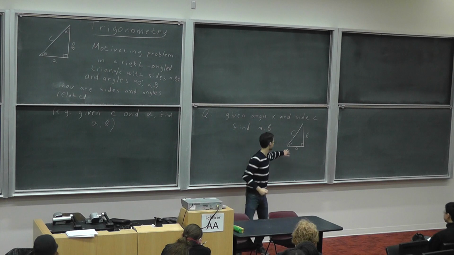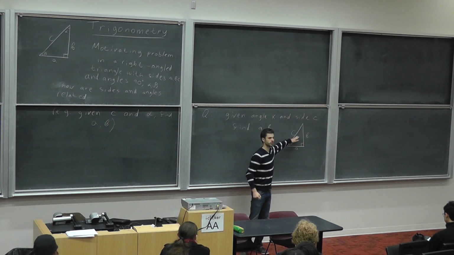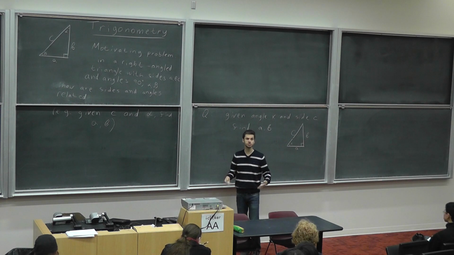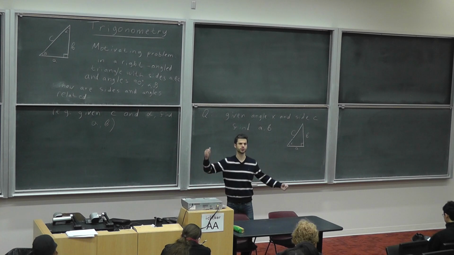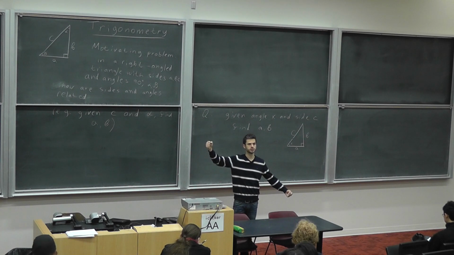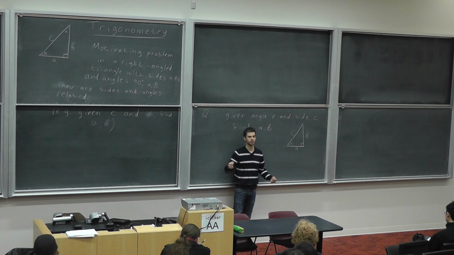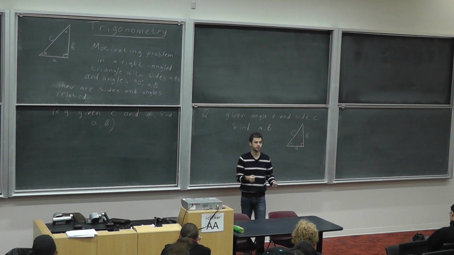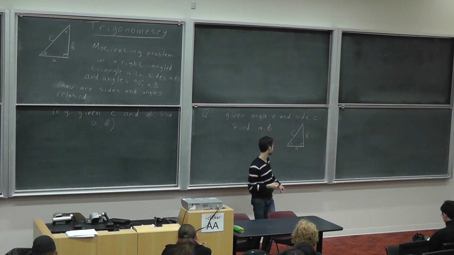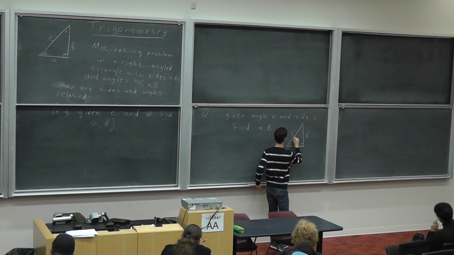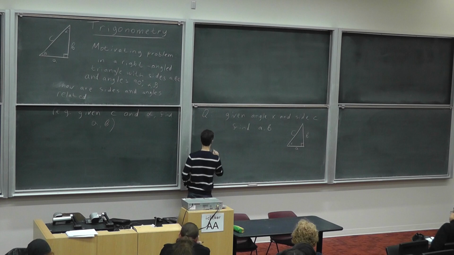It doesn't change the angle. What it does change is only the length of all the sides, but it changes them in the same proportion. So if I take a triangle and squeeze it by a factor of 5, all the lengths will become smaller by a factor of 5, and the angles will not change. I will have the same angles. So observation.